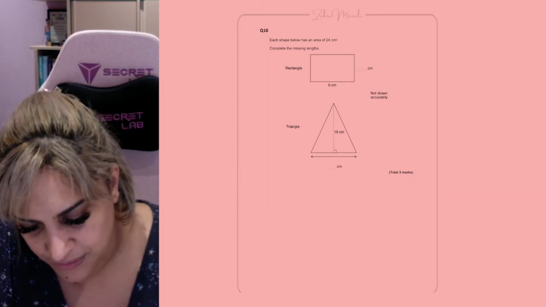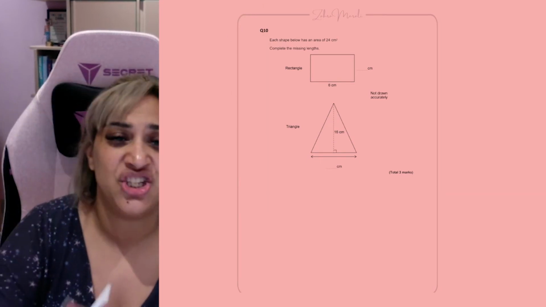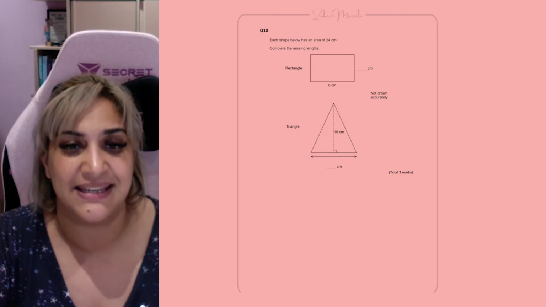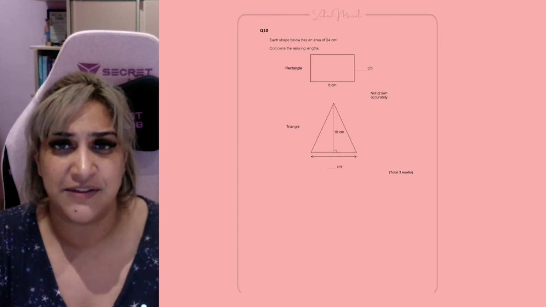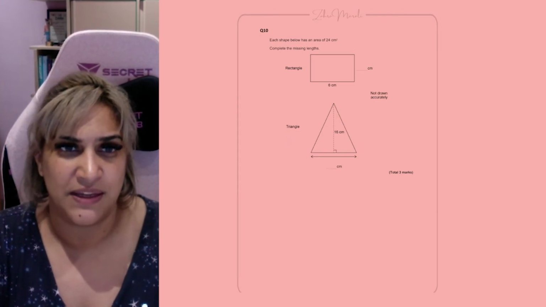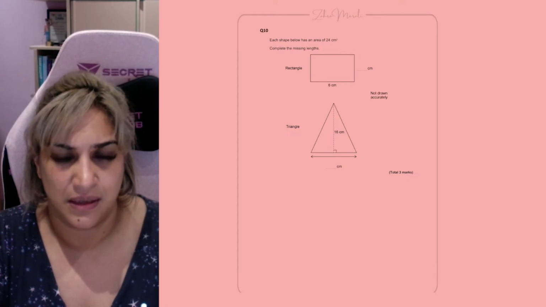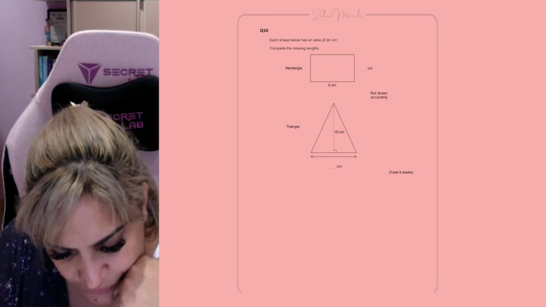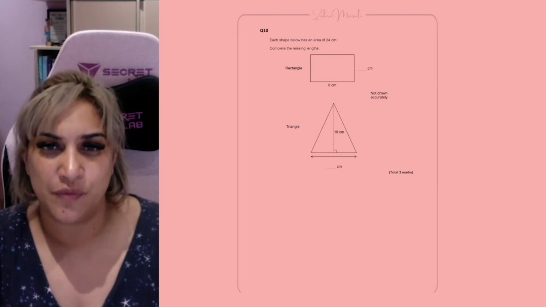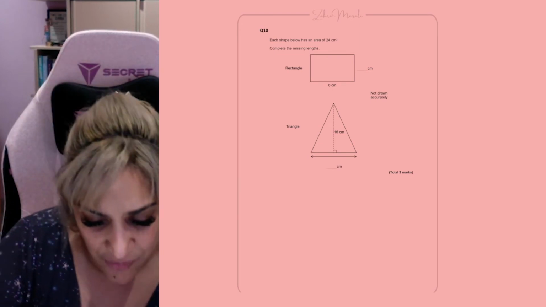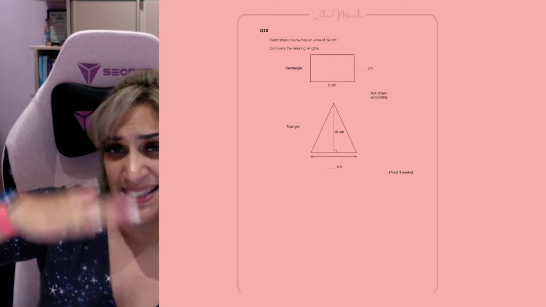Okay, so now we've got each shape has an area of 24. So we're thinking about the different areas, and you've got to figure out the missing length. So for a rectangle, the area is the base times the height.